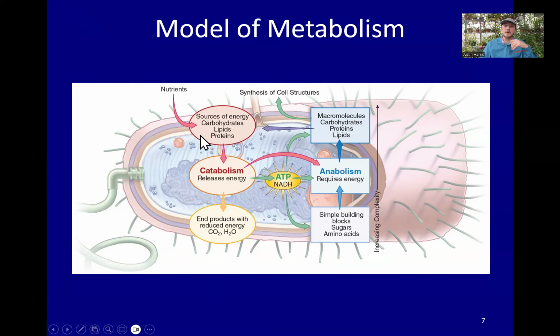And so we're going to have to break those nutrients down, those carbohydrates, those lipids, into their components. And then we excrete byproducts like carbon dioxide and water, but we also then have all of these scrap pieces. And these anabolic pathways can then take these scrap pieces and start building specifically what we need for the moment when we need it.